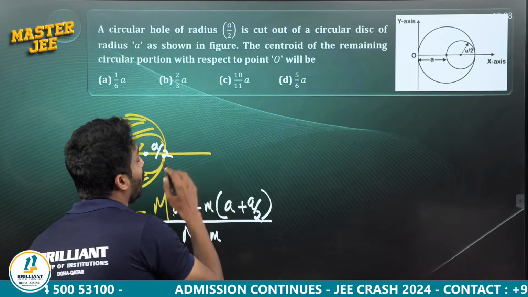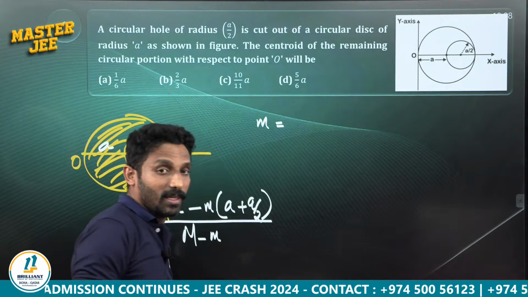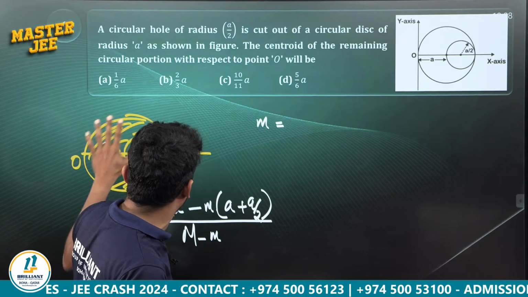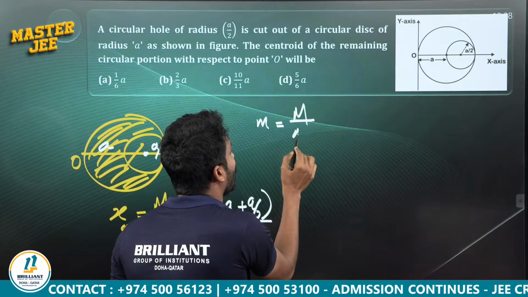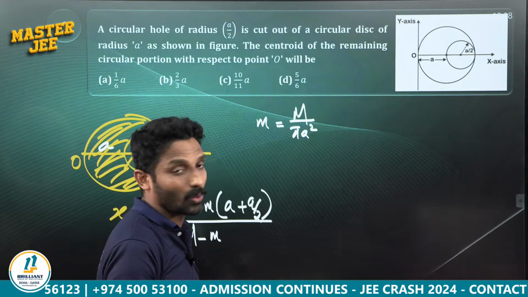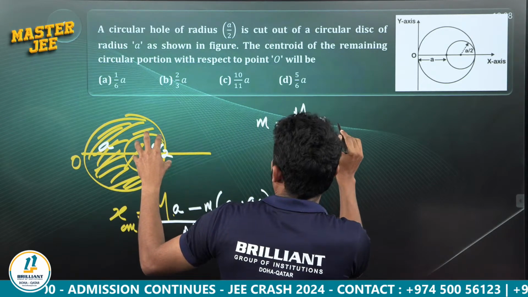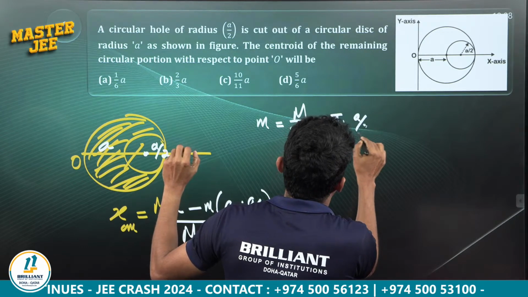Okay. The mass of the cut portion can be easily understood like this: first of all, find the mass per unit area of this disc. It is total mass divided by total area, m by pi a square, into the area of this small disc. The area of the small disc is pi into a by 2 whole square.